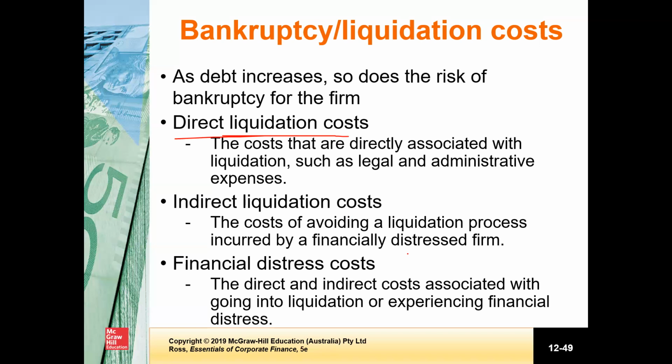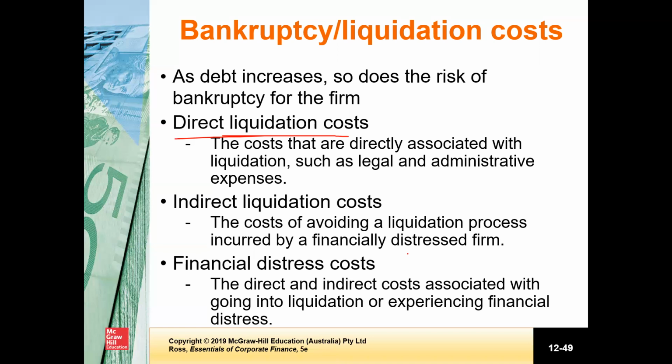However, the formal turning over of the assets to the debt holders is a legal process involving the appointment of a liquidator, not an economic one. There are legal and administrative costs to liquidation, and it has been remarked that liquidations are to lawyers what blood is to sharks.